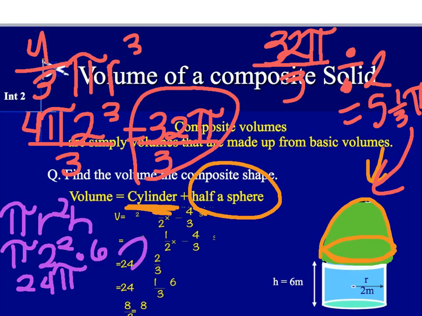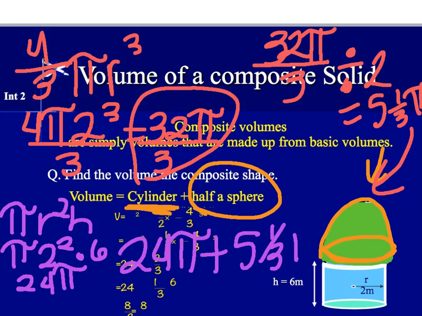So we've got to do 24 pi plus 5 1/3 pi. I know 24 plus 5 is 29 plus my 1/3, 29 1/3 pi, and it's meters cubed is my final answer.